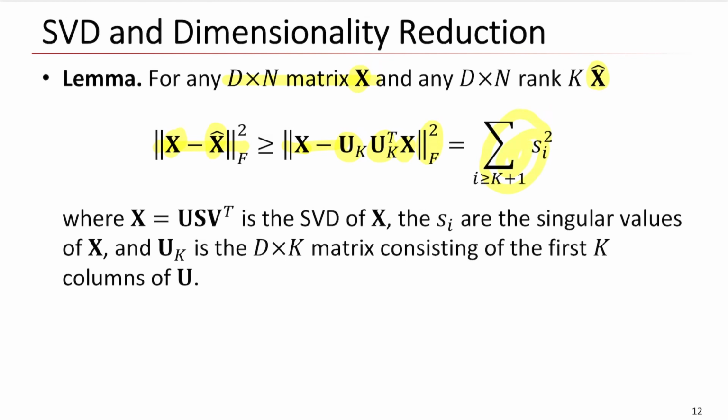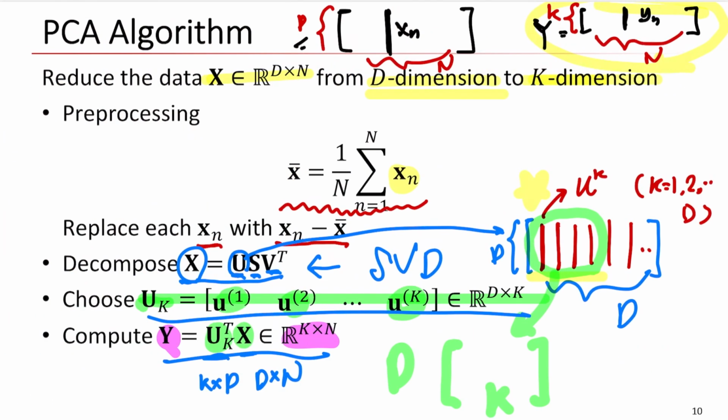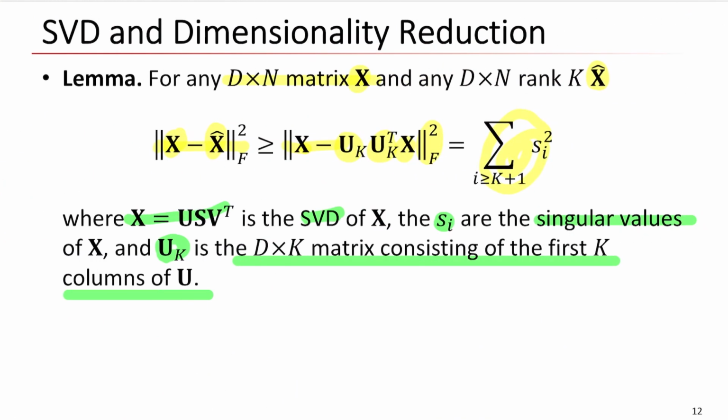Where X can be represented as U S V transpose, si are the singular values, and Uk is the D by K matrix consisting of the first K columns of U. So this is the lemma. We will use this to see the relationship between SVD and dimensionality reduction.